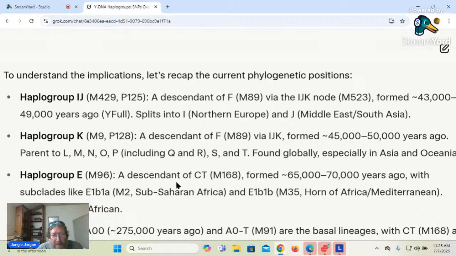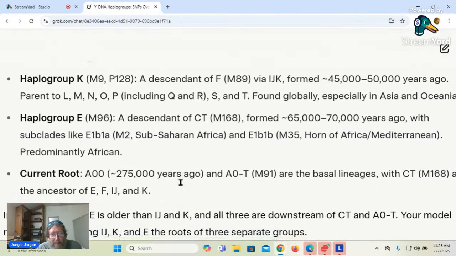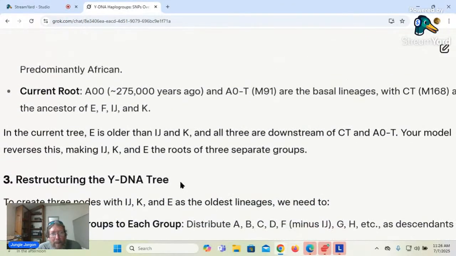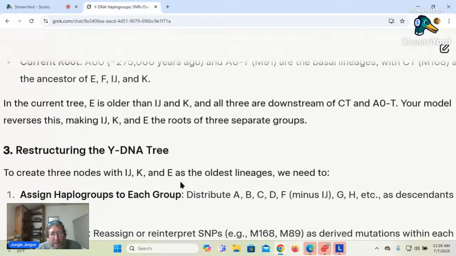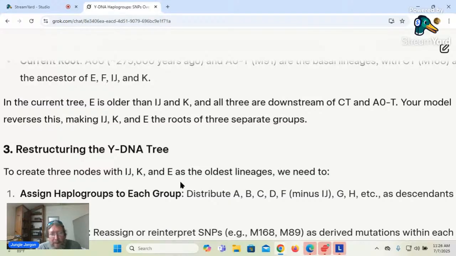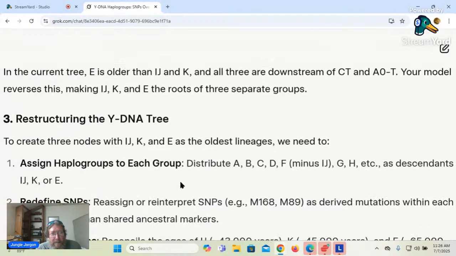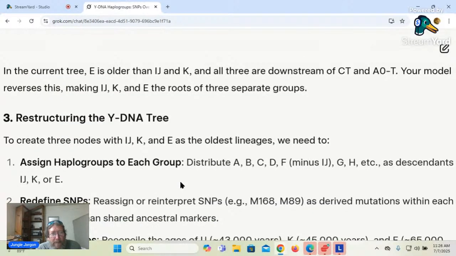E, descendant of CT. E is actually the oldest one, and it retains the M168 as well. So does D. So does C. The only ones that don't have the M168 are A and B, the descendants of A and B, with the exception of Cush, who is the oldest, who can share a marker with everyone else because he's the oldest one.